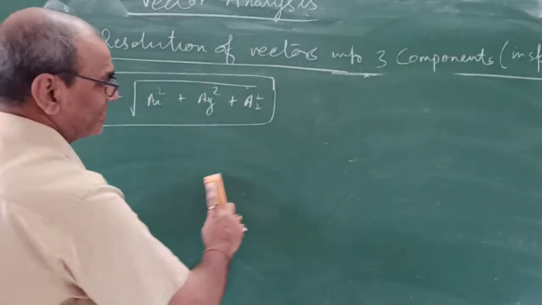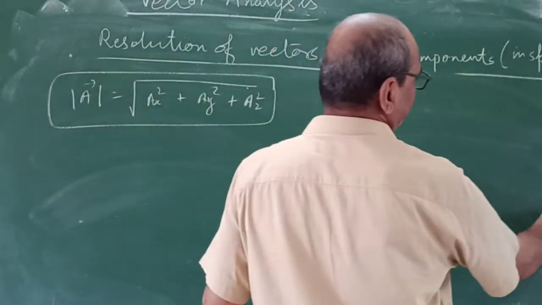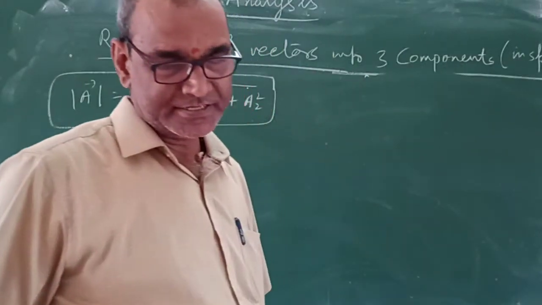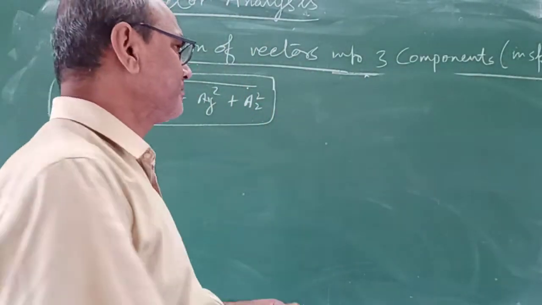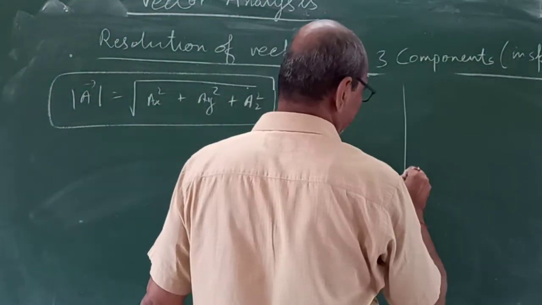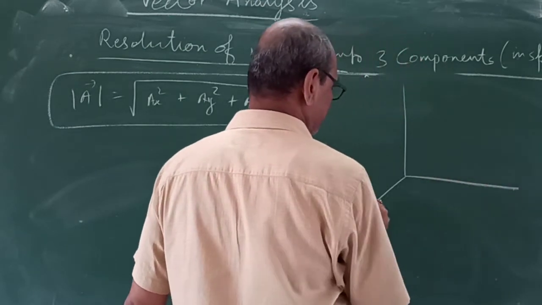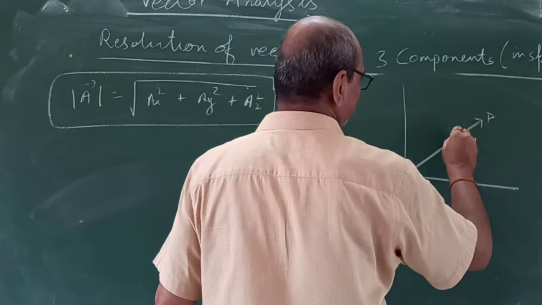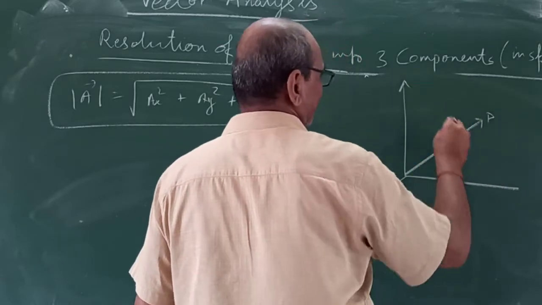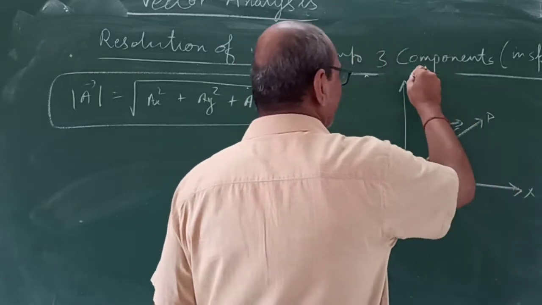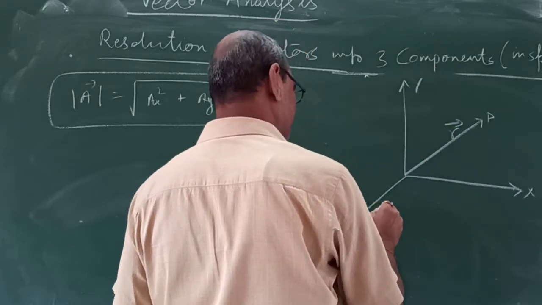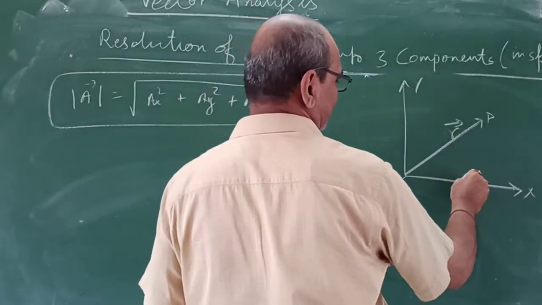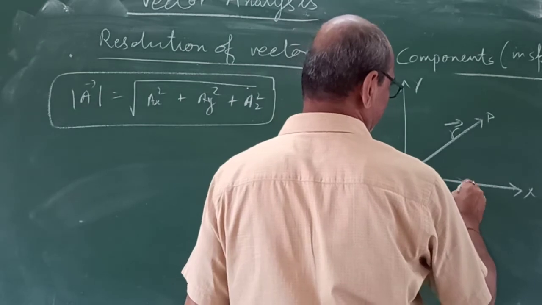All of you understand the resolution of vector? We have to apply the same to the position vector in space. Suppose a particle is located at point P. The position vector is r. Along the x-axis, which unit vector? i cap.